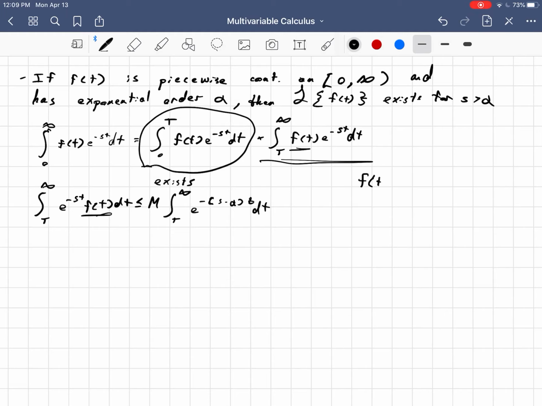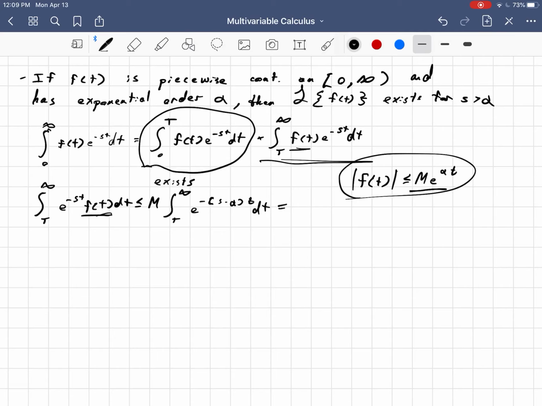So what did I do there? I just replaced f of t; technically the absolute value of f of t has to be less than m e to the alpha t. That's the formal definition of exponential order alpha. So I replaced f of t with m e to the alpha t.